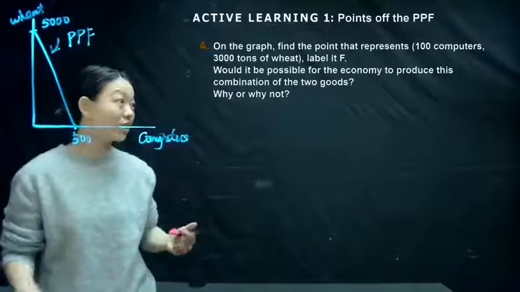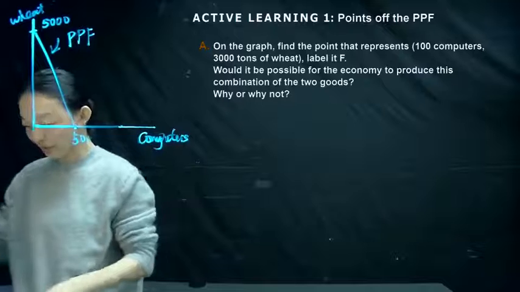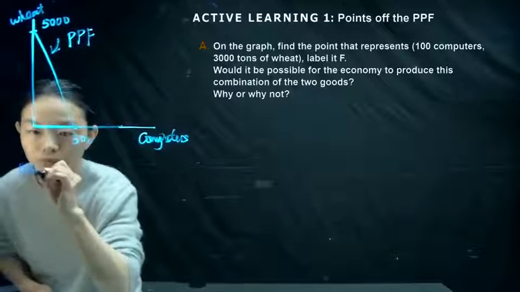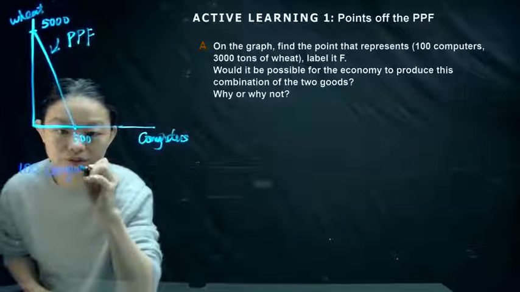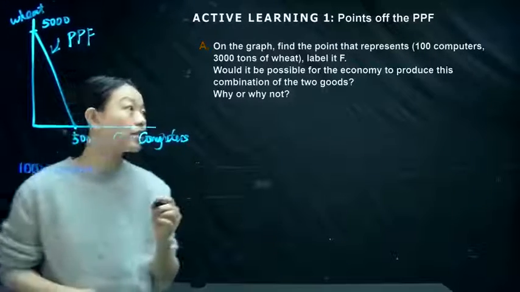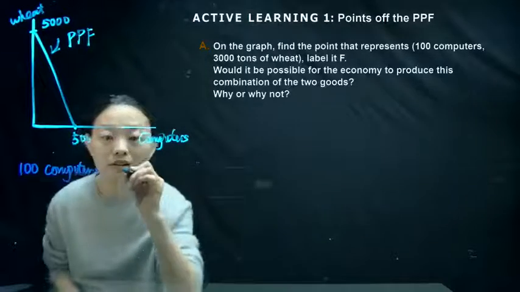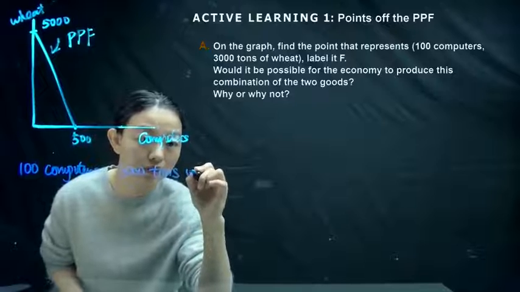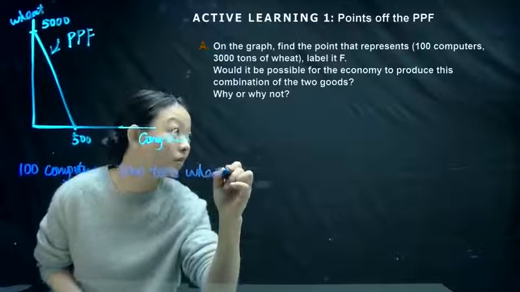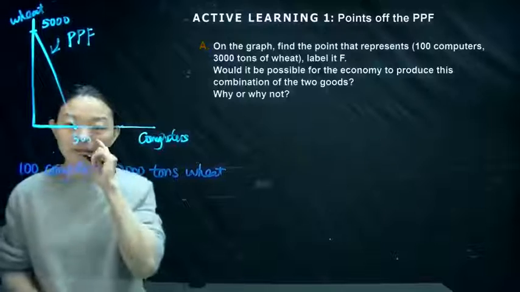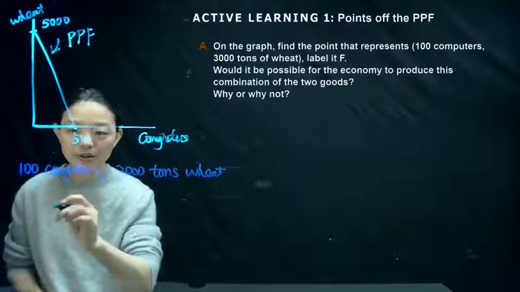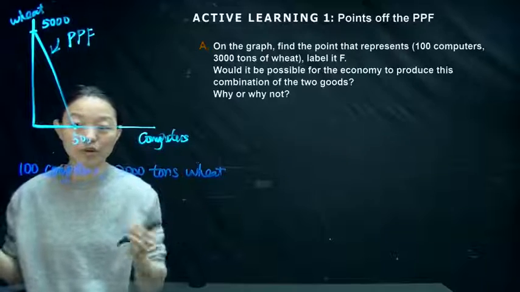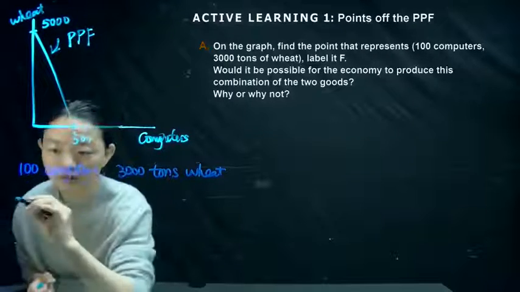And then let's look at this question. It says, please find a combination of 100 computers and 3,000 tons of the weight. So let's see. We need to spend how many labor hours to produce 100 computers?